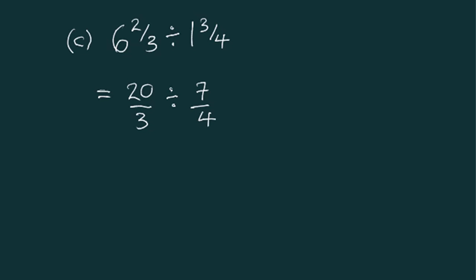Next I'll have 20 over 3, and since we have a division sign, we can introduce a multiplication sign and invert the fraction, so 7 over 4 will invert to give us 4 over 7.